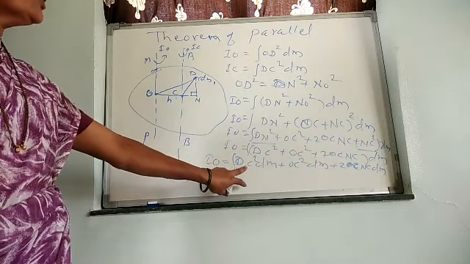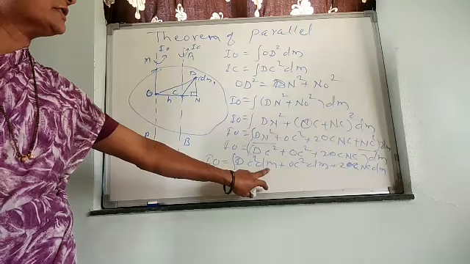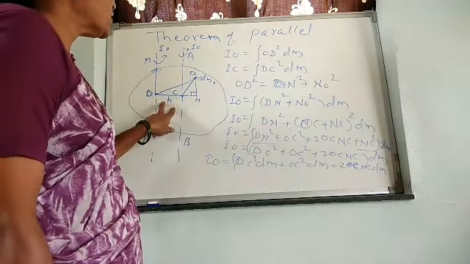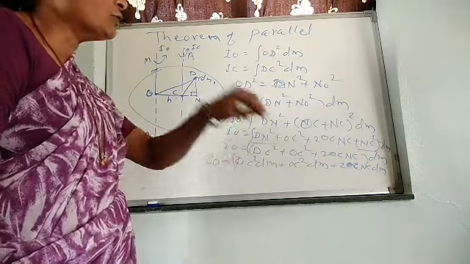Here integration of DC square dm is equal to IC. Integral OC square dm, that is OC is equal to h, and integral dm is equal to capital M.